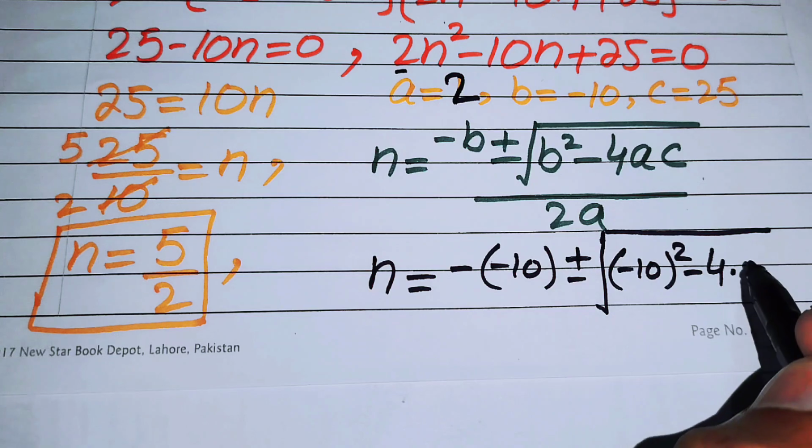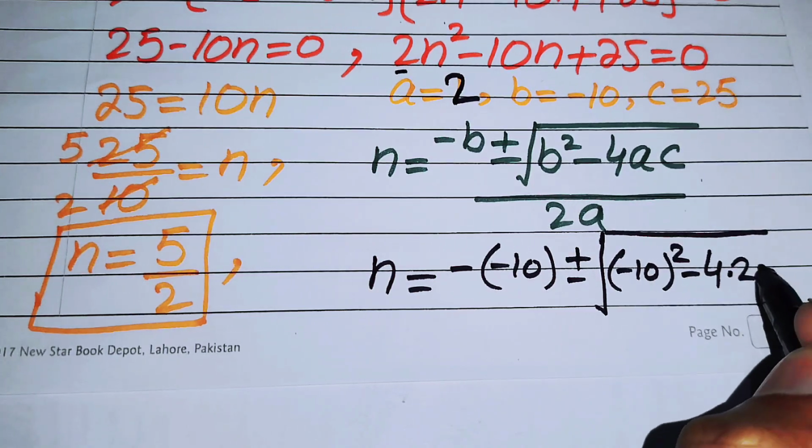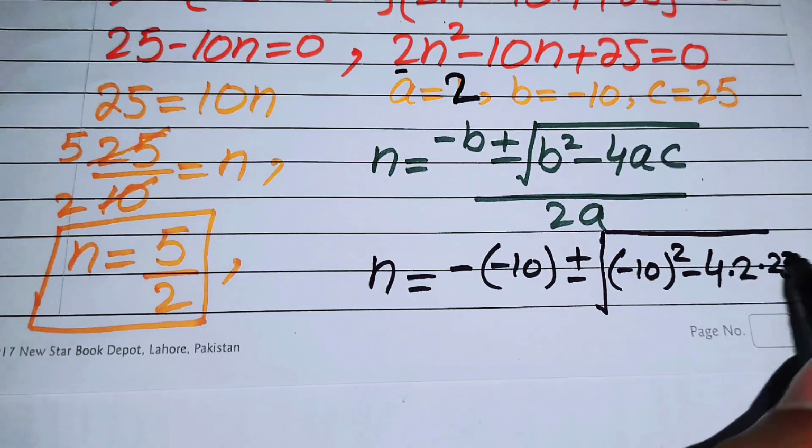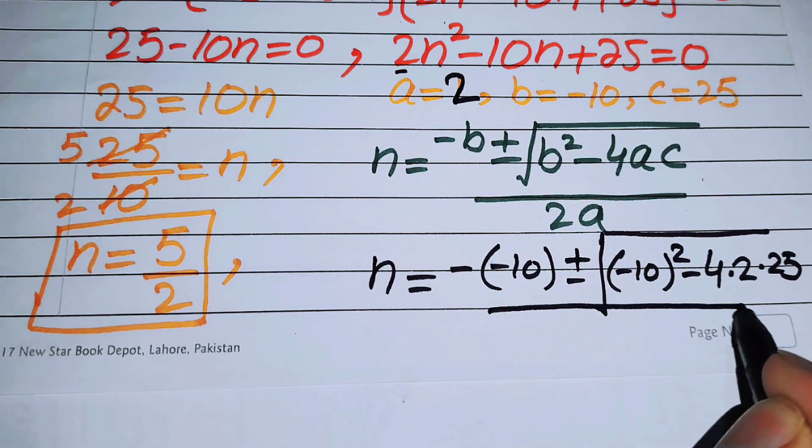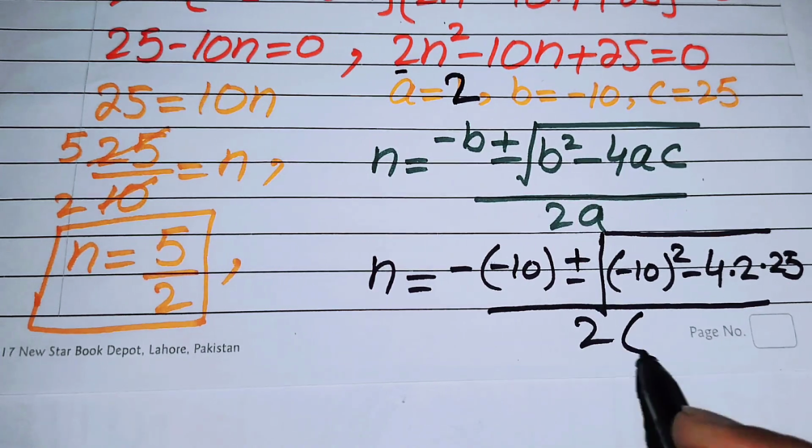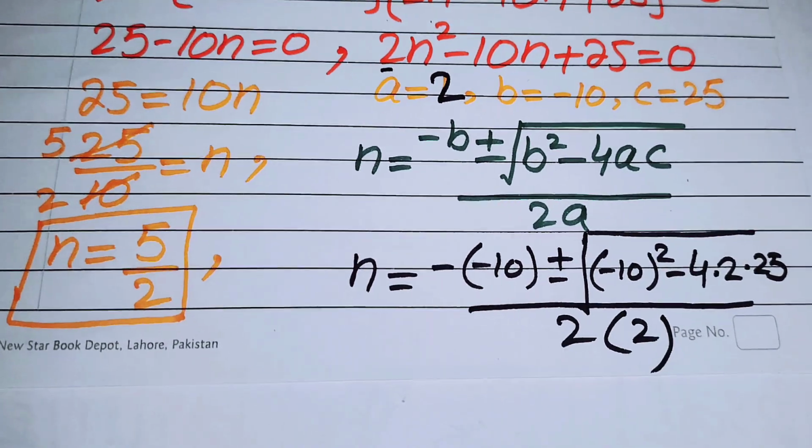So a is 2 and c is 25, and this whole over 2a, so it becomes 2 times 2.